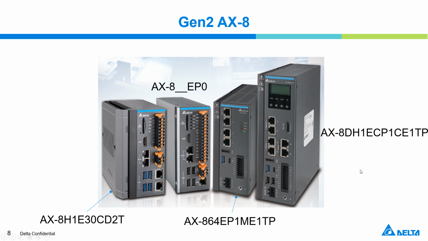Okay, here is a clear picture of generation 2 of the AX8. On the left side you can see that this one looks similar to the first generation, but the CPU has increased a lot.